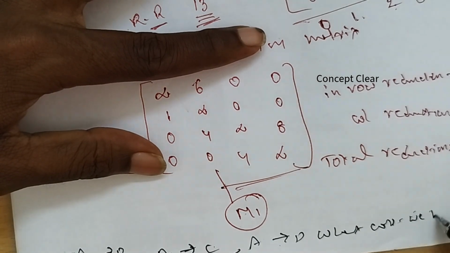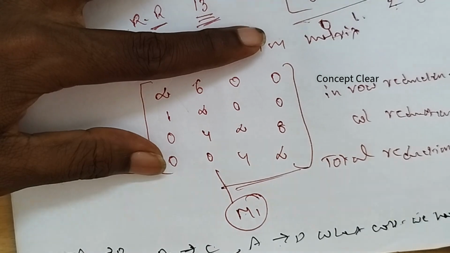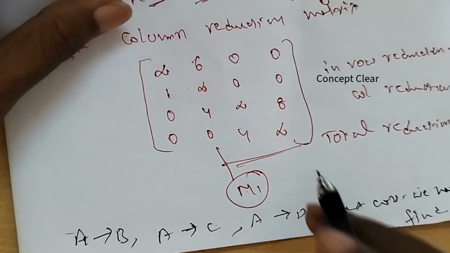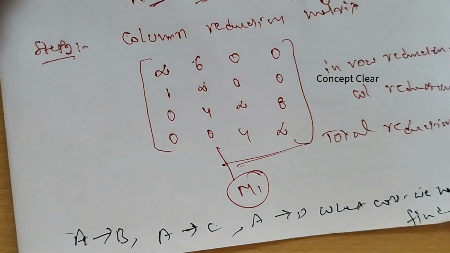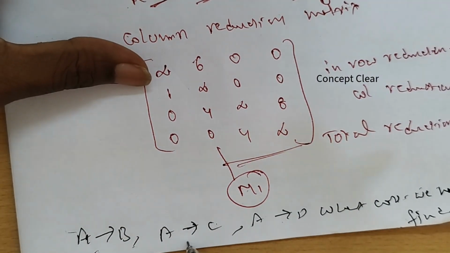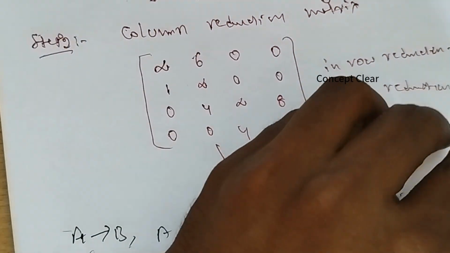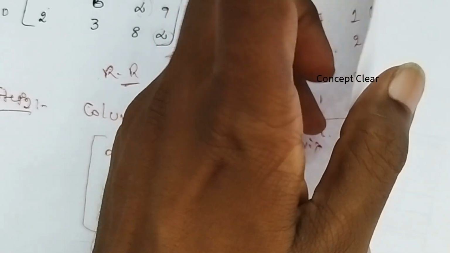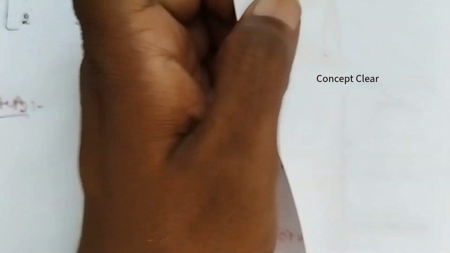We have to find out. We have to travel from A to B, A to C, A to D. So we are finding A to B, A to C, A to D first, according to this M1 matrix.